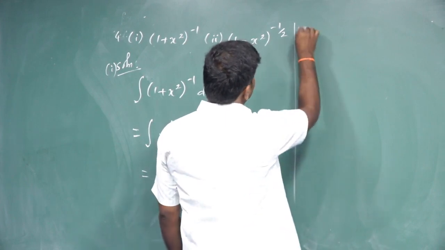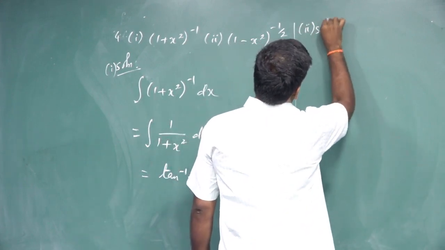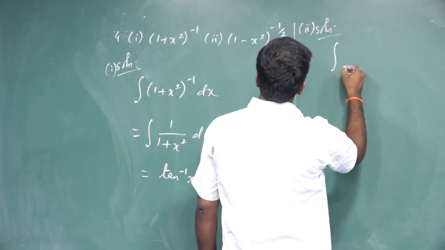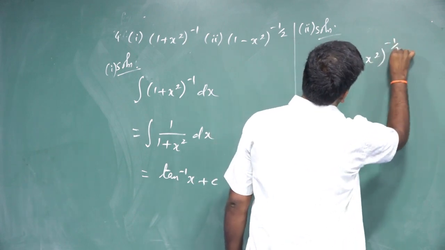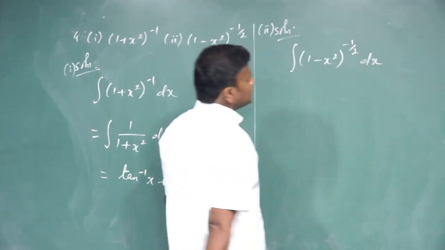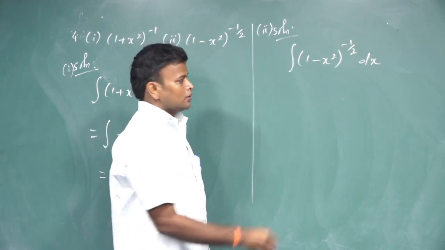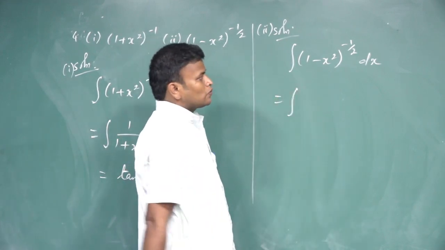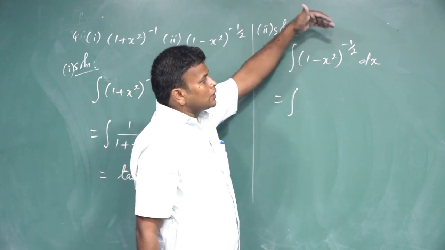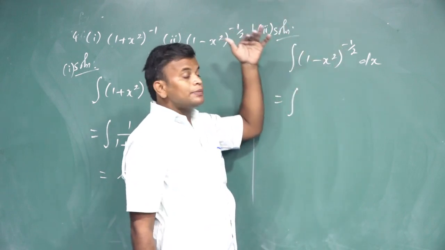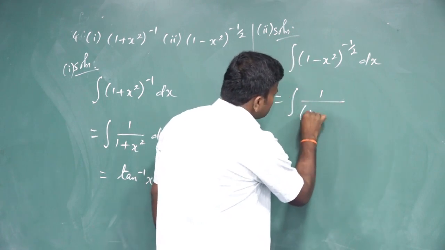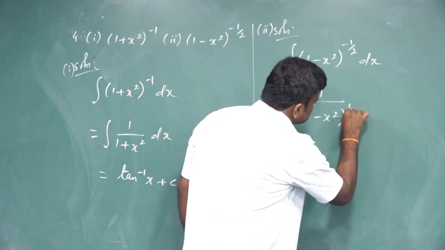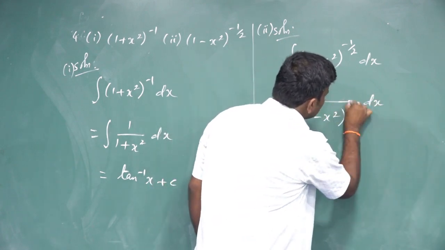The second one, integrating of 1 minus x square whole power minus 1 by 2 into dx. You see the power minus 1 by 2. First of all, the term with power minus 1 by 2 comes in the denominator. So it becomes 1 divided by 1 minus x square whole power 1 by 2 into dx.